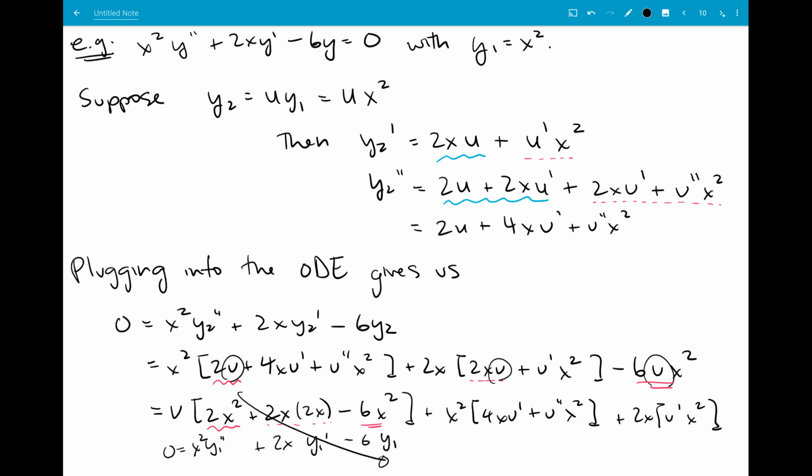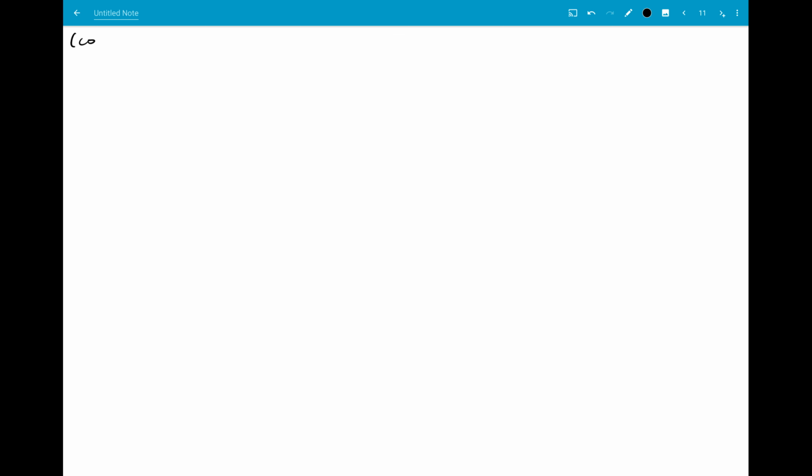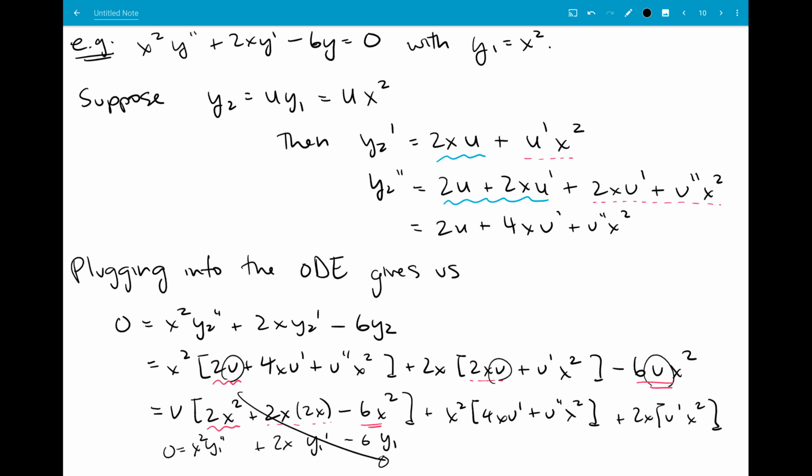So that's our original ODE. y1 was a solution to the ODE. That term goes away. And then what we're left with is these terms right here.